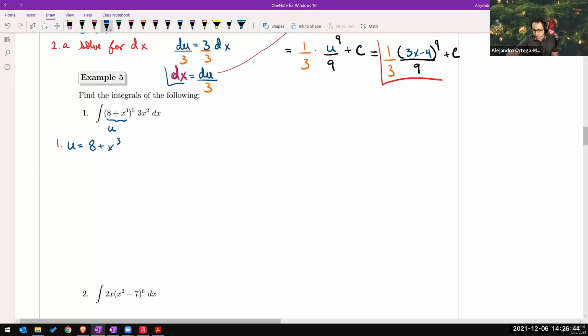Now, next step here is to find the du. And again, du is equal to the derivative of u times dx. So in this case, it looks like our du is going to be 3x squared dx.